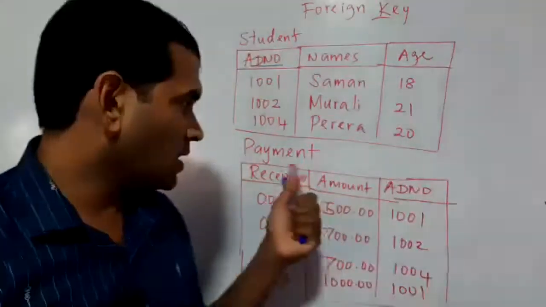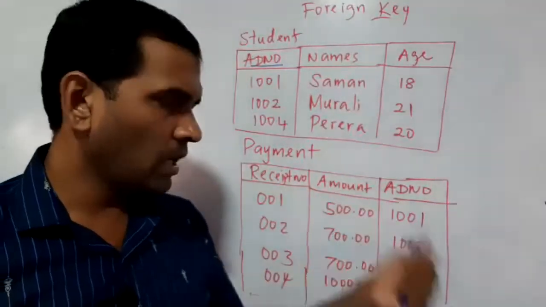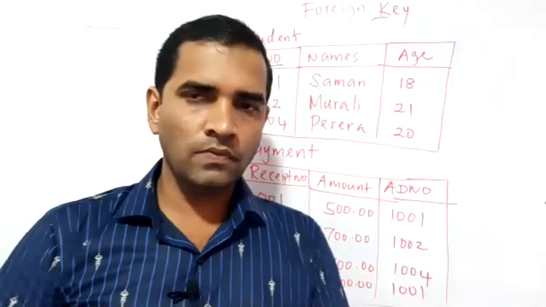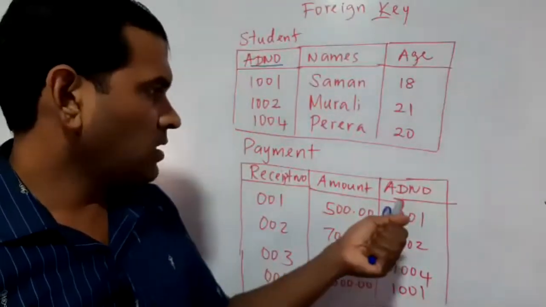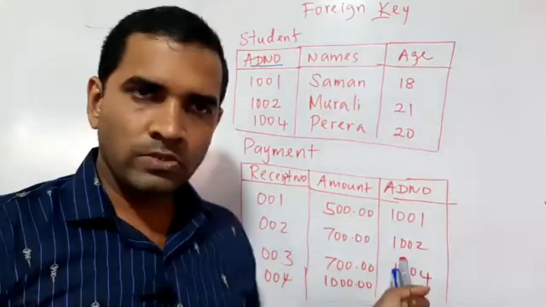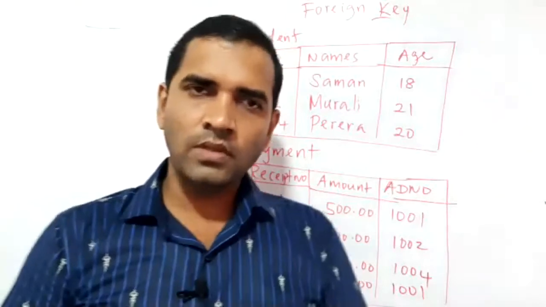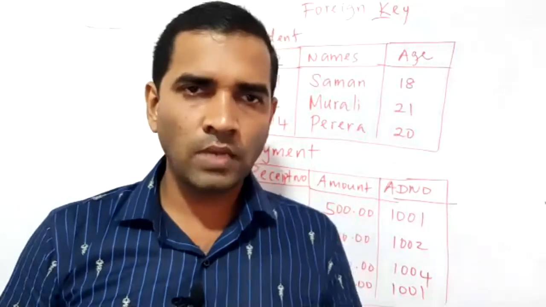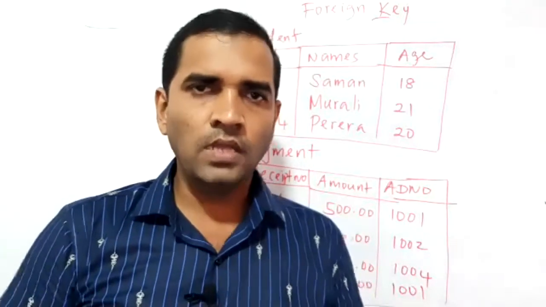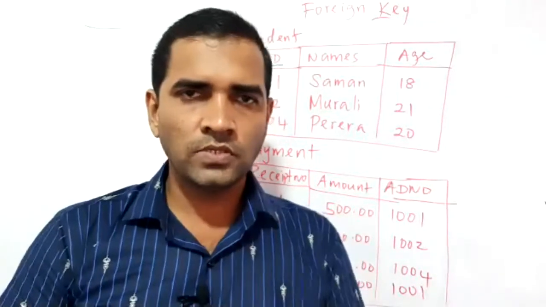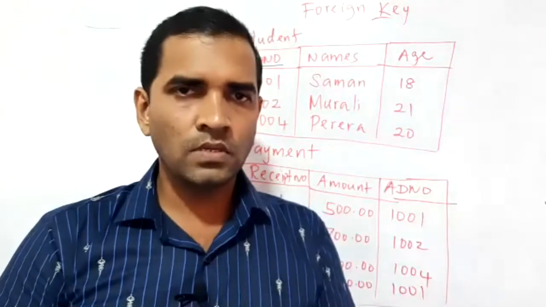Have a look at the second table, the payment table. You have receipt number, amount, admission number. You have three fields. But look at that admission number. This is the one I talked about earlier. You can't say that admission number is unique or is the primary key in all possible instances. It depends on the circumstances, or on the table which has the fields.